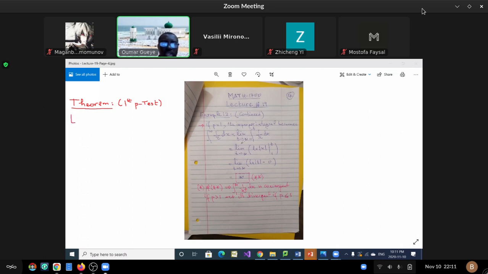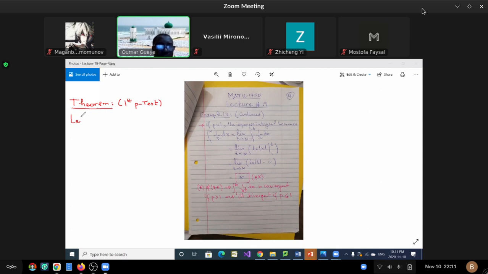Now I'm just going to generalize what we already proved here. I'm going to extend it to any real number, no matter what is the lower bound of your integral here. We just proved it when we integrate from 1 to positive infinity. We're just going to generalize it for any positive number to positive infinity.